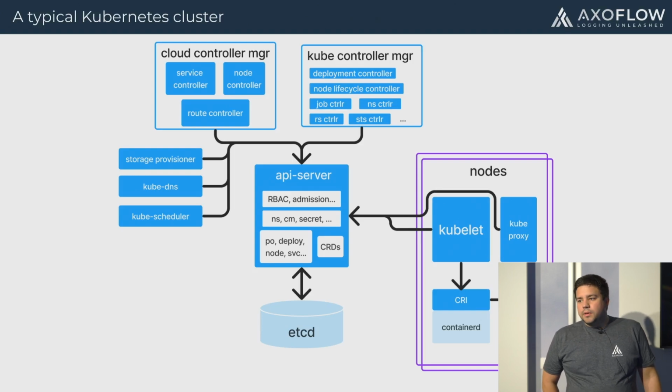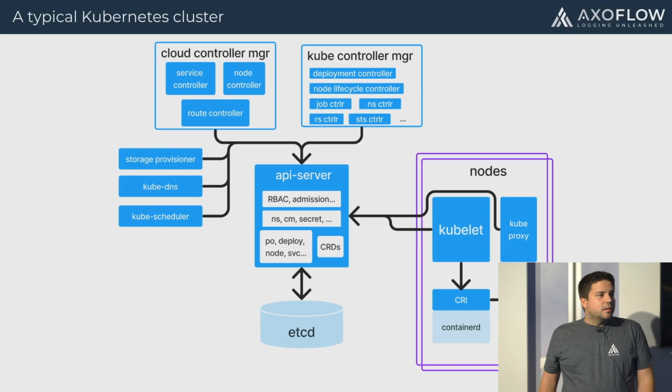For example, if you have a Kubernetes cluster in AWS, the service controller will create the network load balancers for your Kubernetes service resources, and of course the node controller can take care of scaling up or starting nodes based on your cluster and so on.